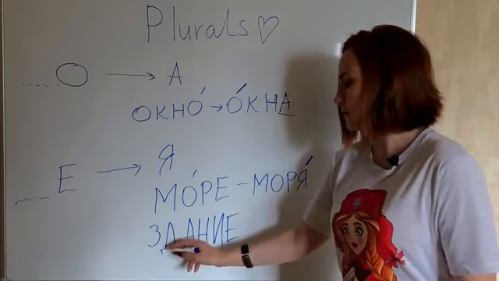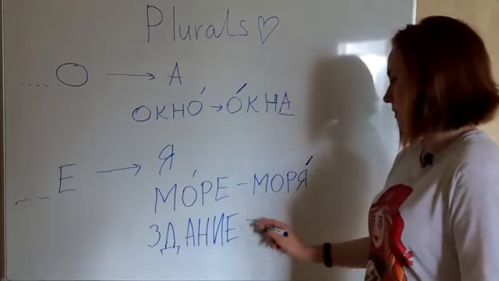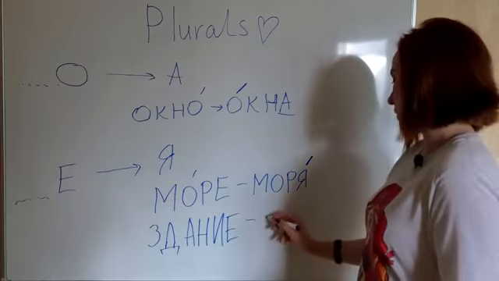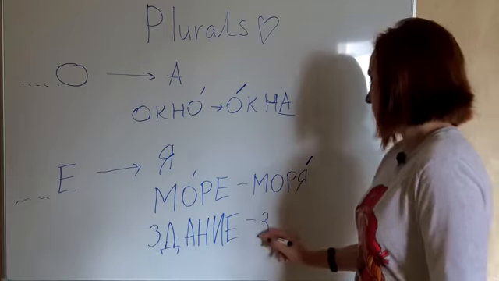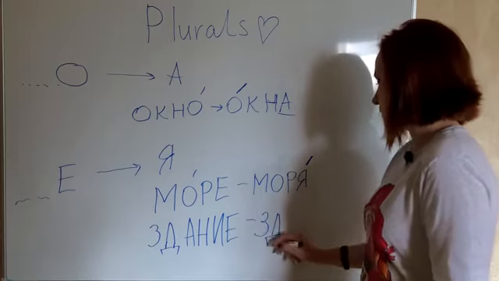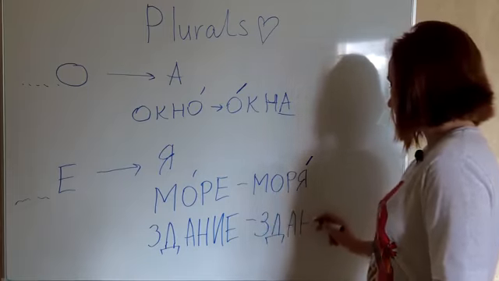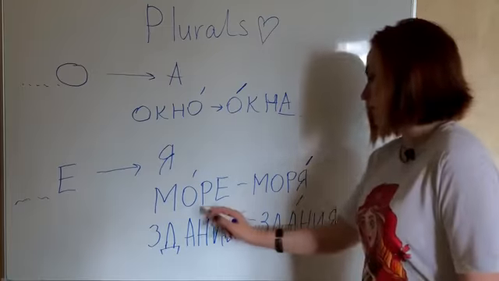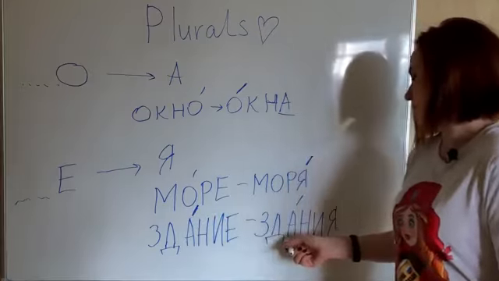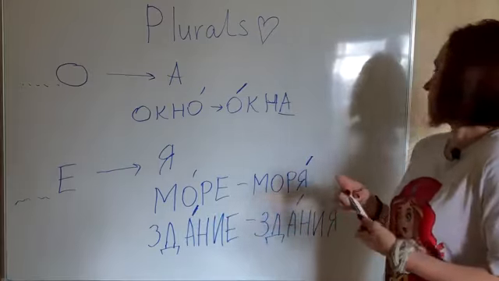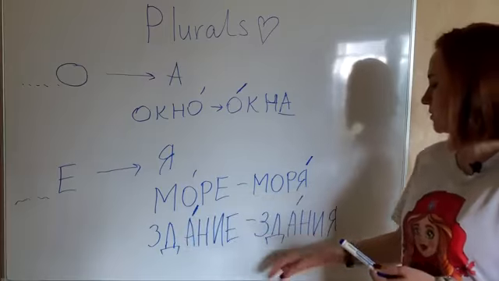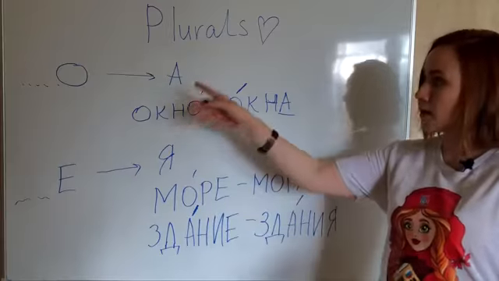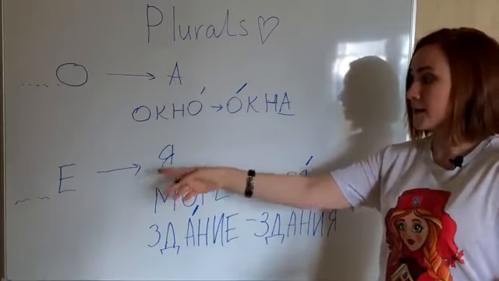Здание means a building. So we have ye here. We replace it with ya. So several buildings would be здания. Finally, the stress stays in the first position. Здания. Several buildings. So again, O goes to A, ye goes to ya.